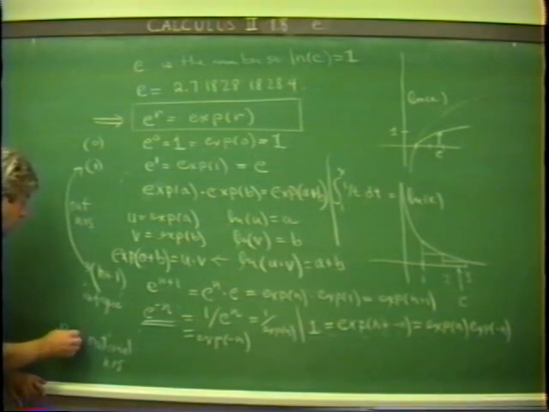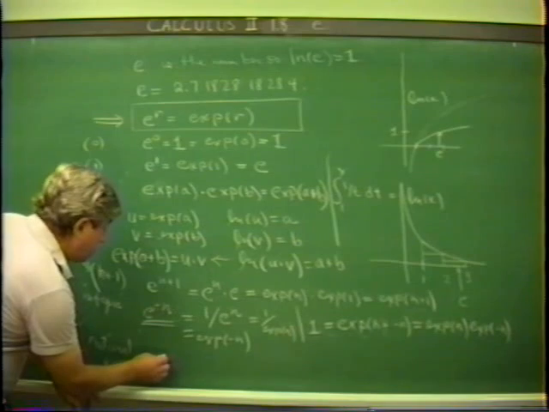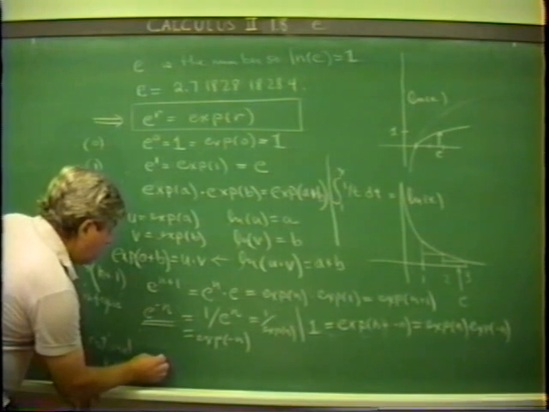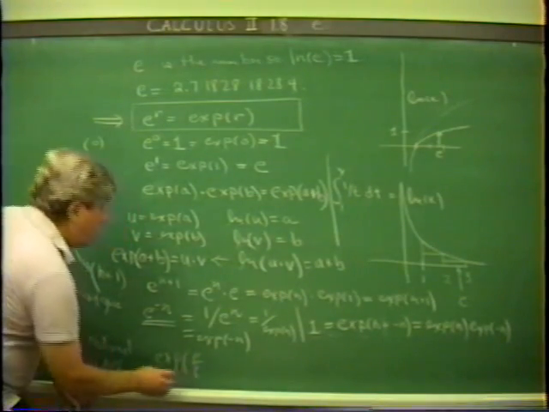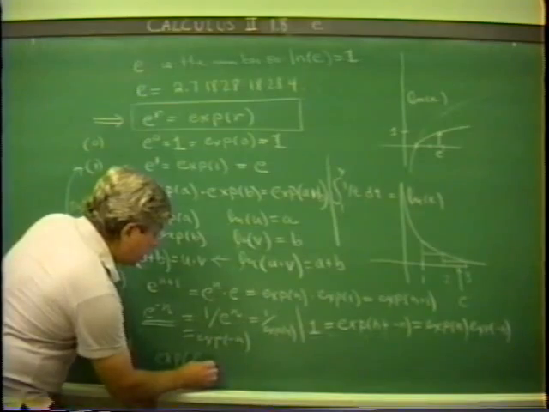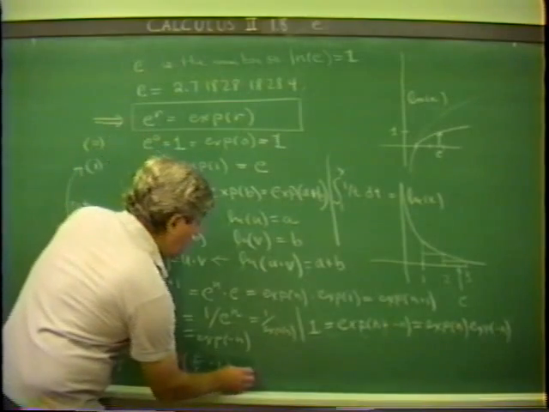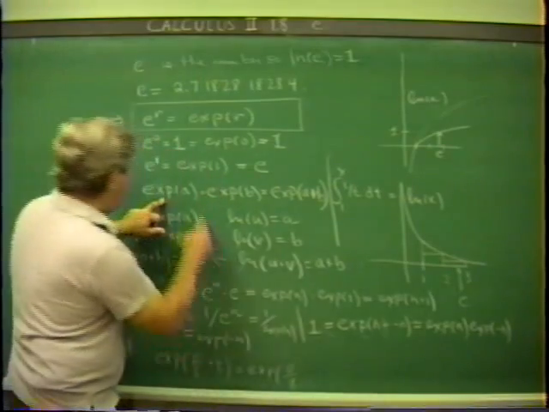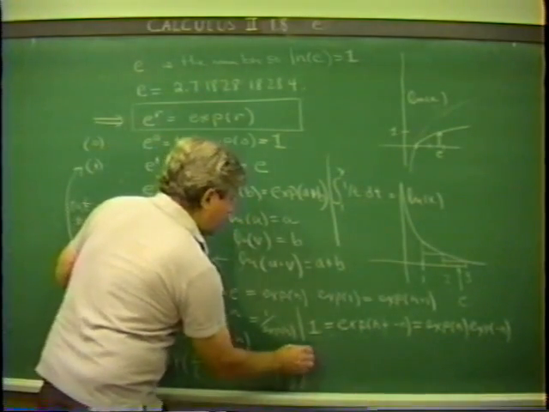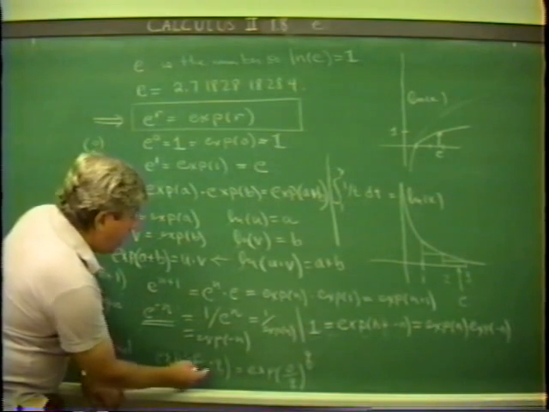Well, consider numbers of the form p over q, where q is a natural number and p is an integer. Exponent of p over q plus p over q plus p over q, q times here, is going to be, from this, exponent of p over q times p over q times p over q, q times.